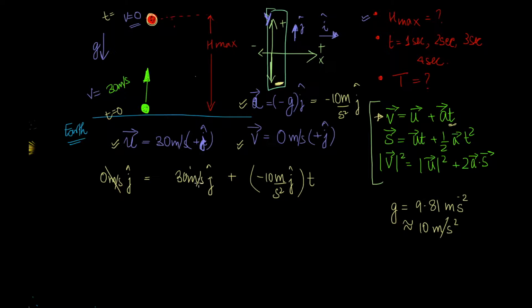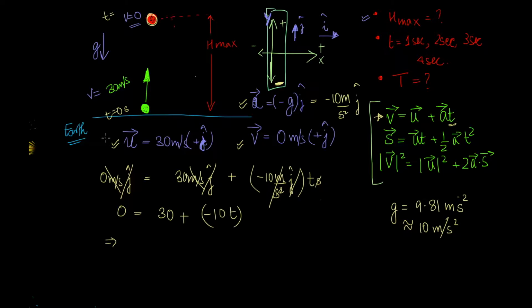Well, we can get rid of meters per second, and the time is measured in seconds as well, so you get meters per second here as well, and you cancel that out throughout. The j vectors get cancelled out as well. So basically you're left with a scalar equation of 0 equals 30 plus negative 10 times t. You can solve this up, and you know that whatever t is going to be measured in seconds.